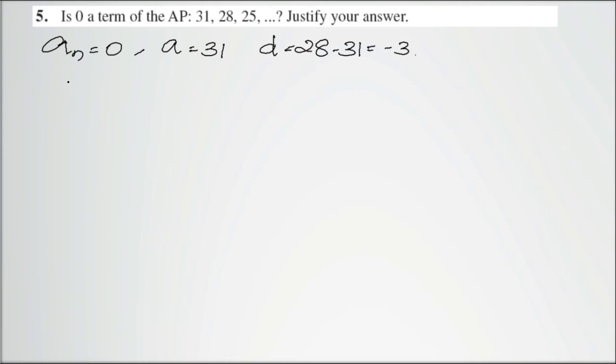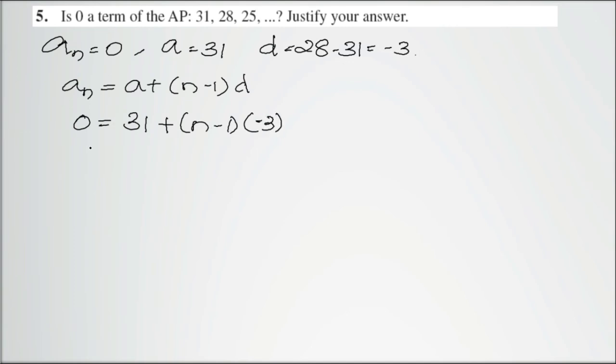So let me substitute in the equation an equal to a plus n minus 1 times d. an is 0, a is 31, plus n minus 1 into minus 3. So we get 0 equal to 31 plus 3 minus 3n.